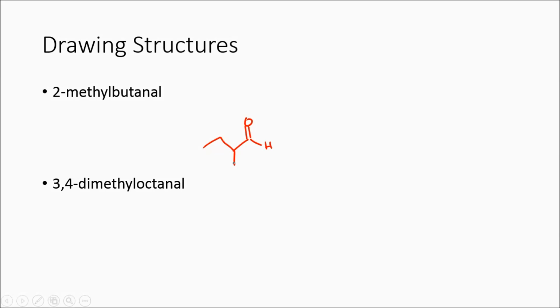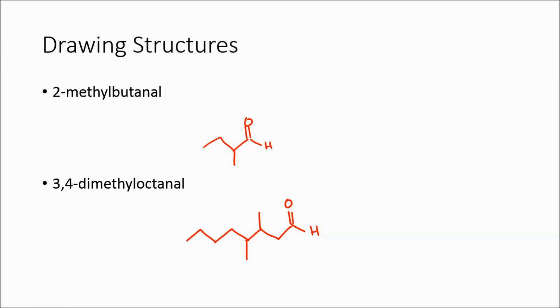Now with 3,4-dimethyl octanal, 1, 2, 3, 4, 5, 6, 7, 8. The first position I'll put an aldehyde group here because of the al, and I have methyl groups at the 3 and 4 positions. So 1, 2, 3, 4. So that would be the structure of 3,4-dimethyl octanal.